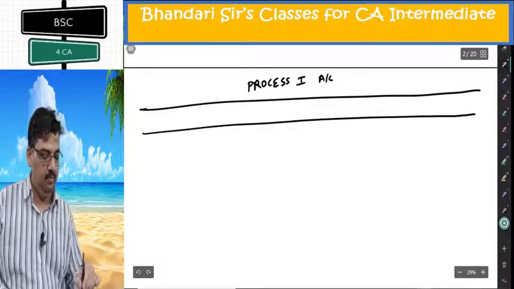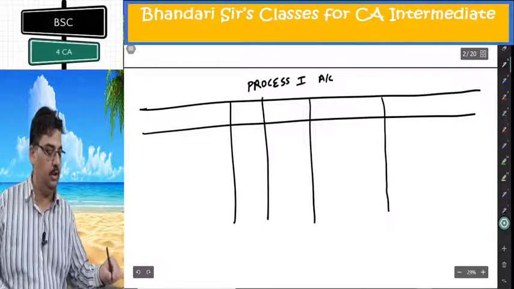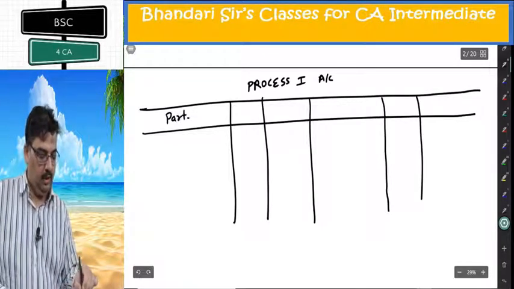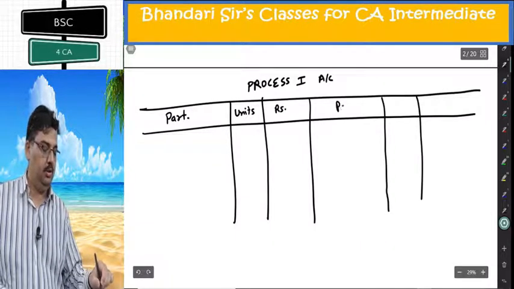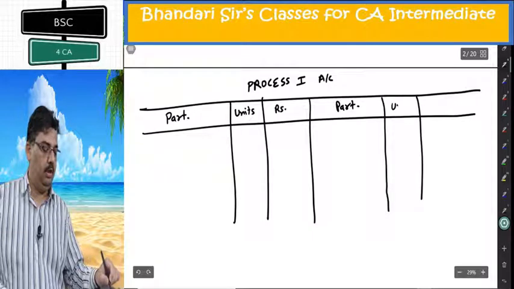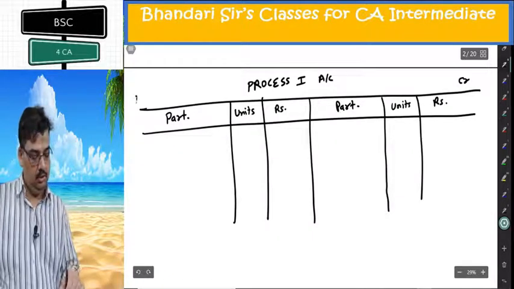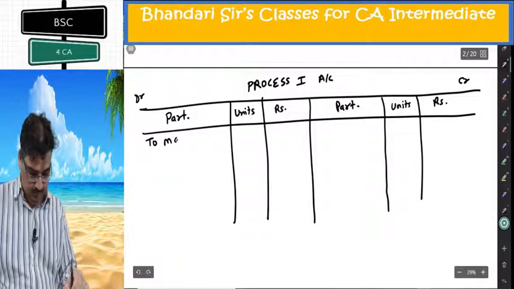Format is the same. Obviously, the number of items are less because of no loss and no gains there. Particulars, units, rupees. Particulars, units, rupees. This is credit, this is debit. To opening WIP, there is no opening WIP.